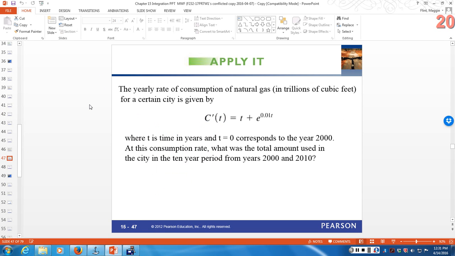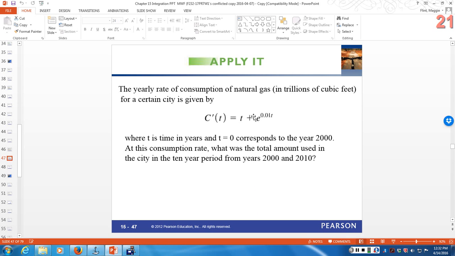Okay, and we've looked at this one before, but just where am I going to use this? Well, one of the things, folks. If you have the derivative of the yearly rate of consumption, which would be a derivative because it's a rate of change of natural gas, and it follows this function, which they can do modeling and get the function.